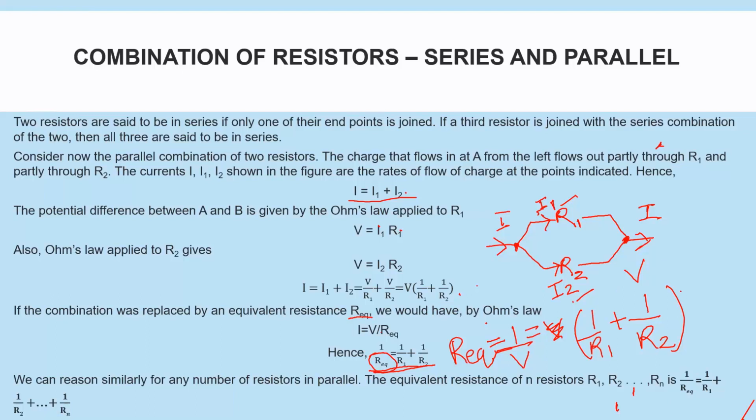The reciprocal of the equivalent resistance in the parallel combination is equal to the sum of the reciprocals of each of the resistors. That is how we can find the equivalent resistance when n number of resistors are put in parallel.